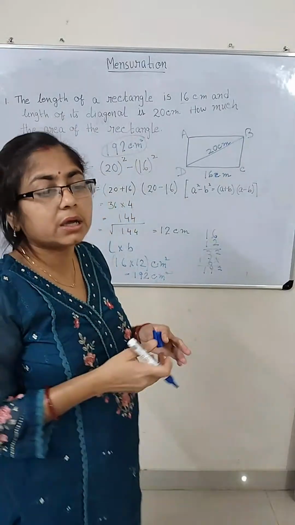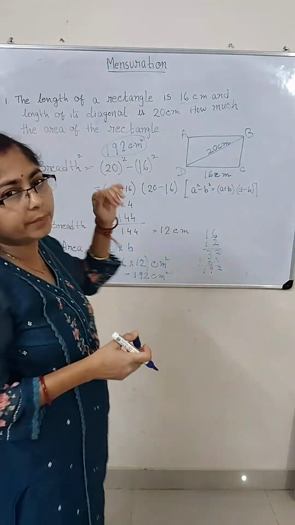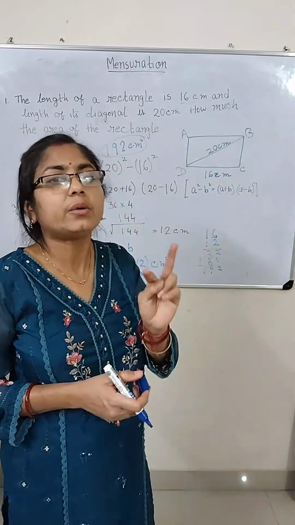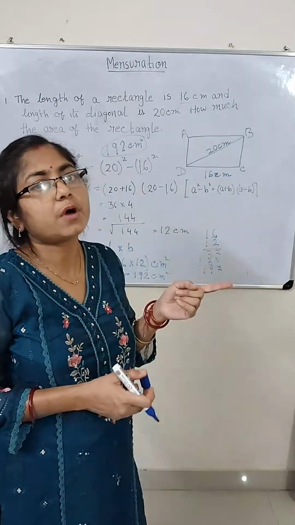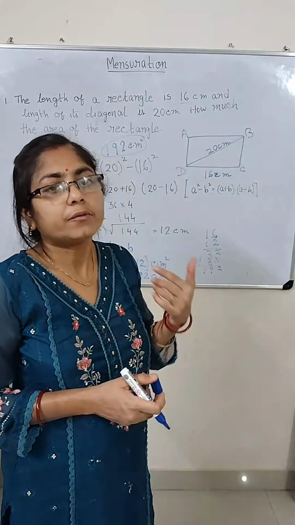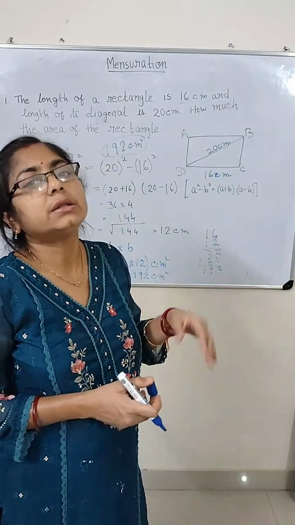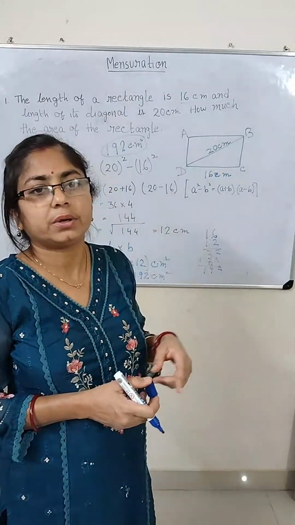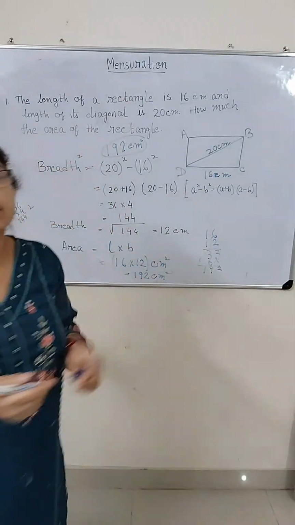What am I doing? First I find out the breadth and after that put the formula L into B. Here we apply two formulas. First is the Pythagoras formula with a square minus b square. Then I find out the breadth and then I apply the second formula, L into B. Please complete the maths.